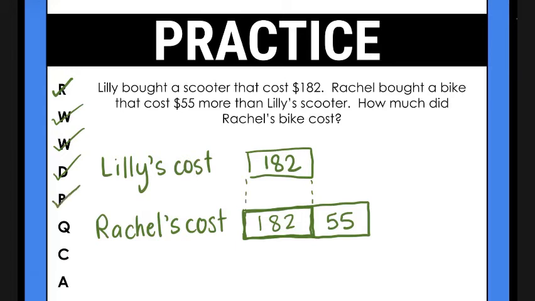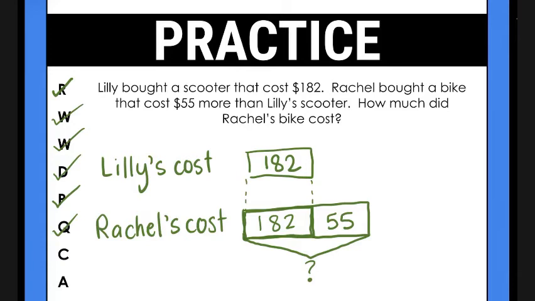All right, we can check mark the P, and now we're to the Q for the question mark. How much did Rachel's bike cost? So I just want to know Rachel's cost, so I'm going to put my question mark down here. And now it's time to set up the computation.